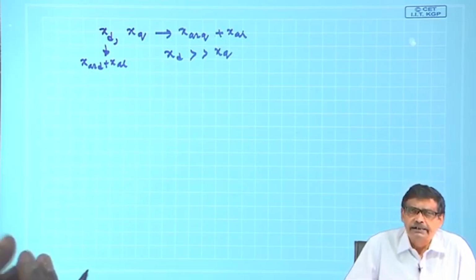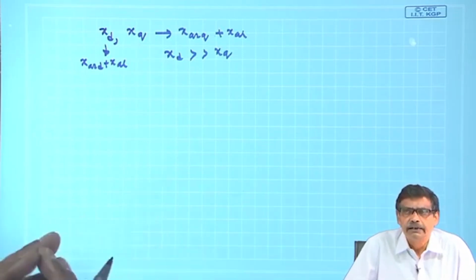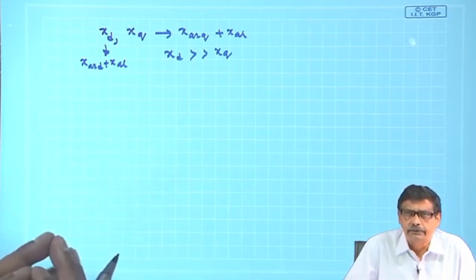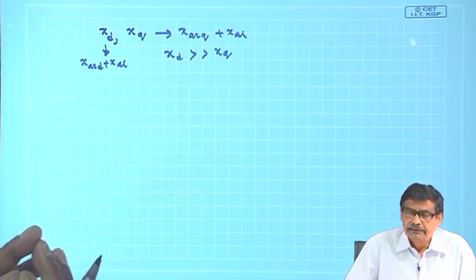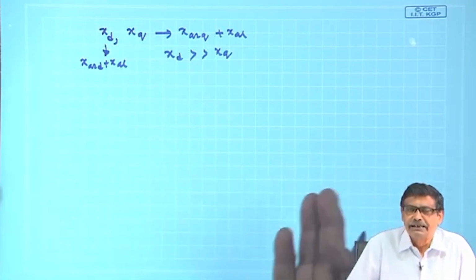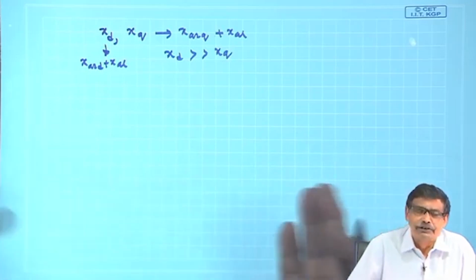In case of generator, Ef is equal to V plus IA RA plus j ID XD plus j IQ XQ. Since ID and IQ are different, they cannot be put in a single circuit and say that XD and XQ are in series or in parallel.